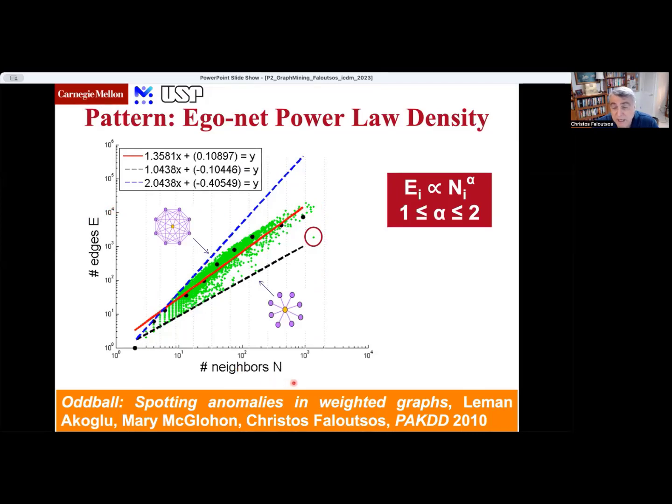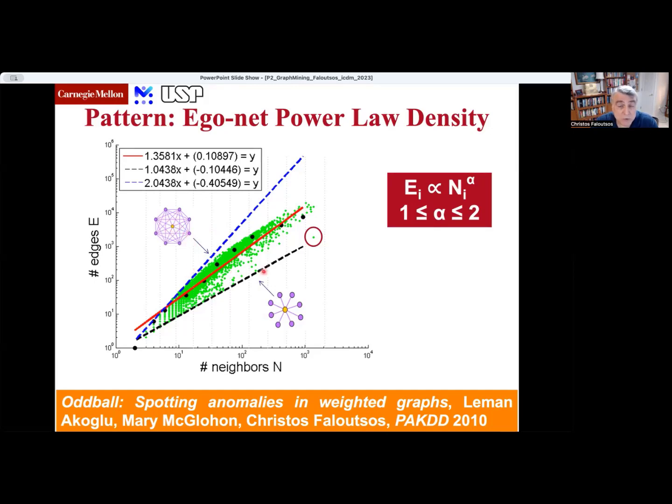So logarithmic scales, because we expect power laws, right? And it turns out that a line of slope 1 usually seems to contain stars, while nodes that are on the blue line with slope almost 2 correspond to nodes which are part of a big clique.